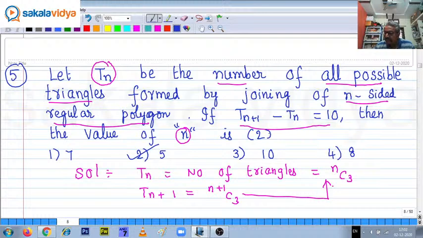Yes, second option is the right option. Meghana, yes, absolutely correct.